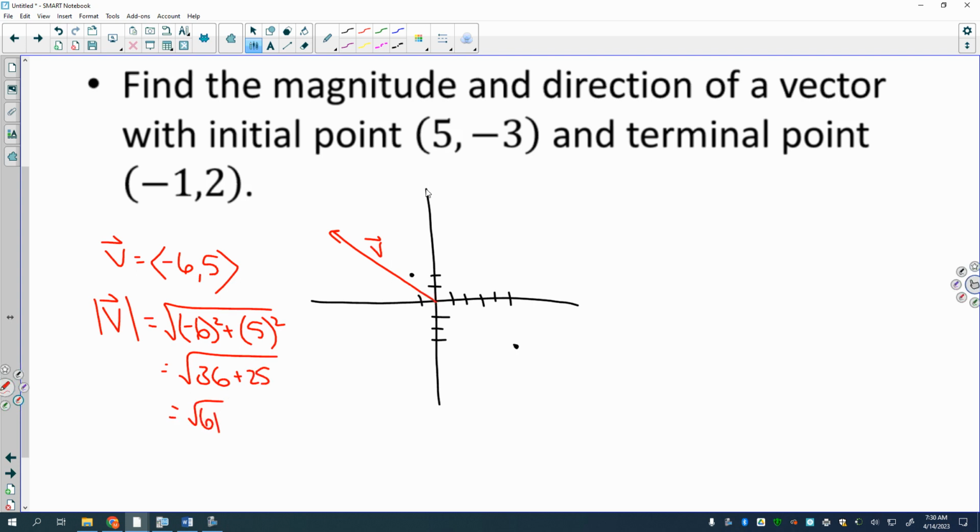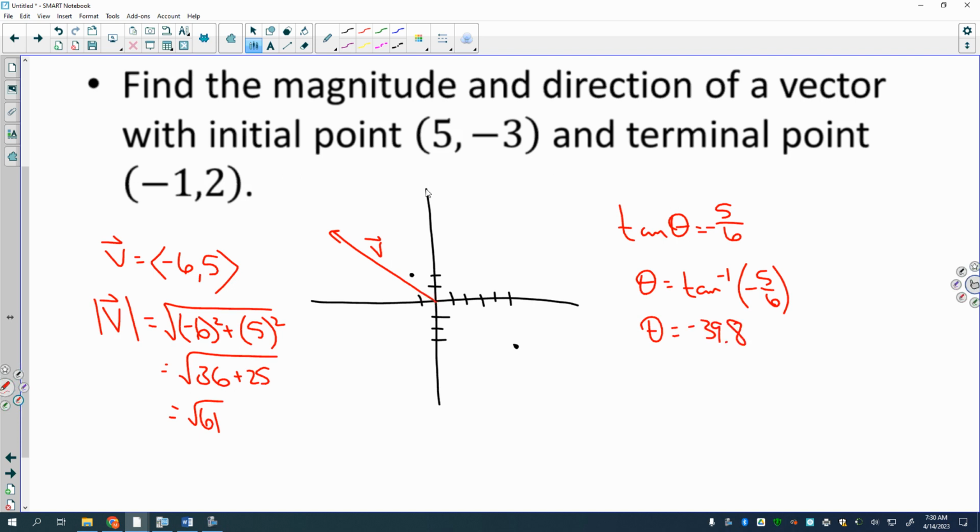And then I will use the tangent of 5 over -6 to find the angle. Now this is where you have to be a little bit careful, because when I do the inverse tangent of -5 over 6 and put that into my calculator, that gives me -39.8.